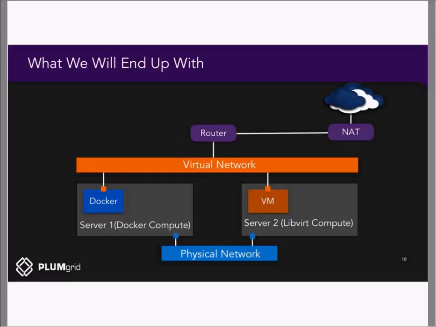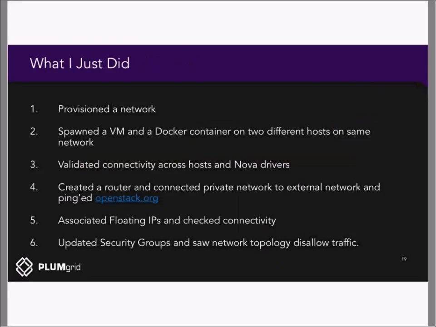I'm back on my presentation, and I would like to summarize what I just did in the demonstration. I provisioned a network, and then I provisioned two Nova instances, a VM and a Docker container, on two different hosts. They were both connected to the same network I provisioned. Then I validated connectivity between these two hosts on the same virtual network.